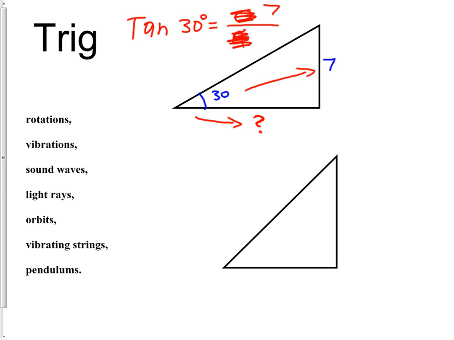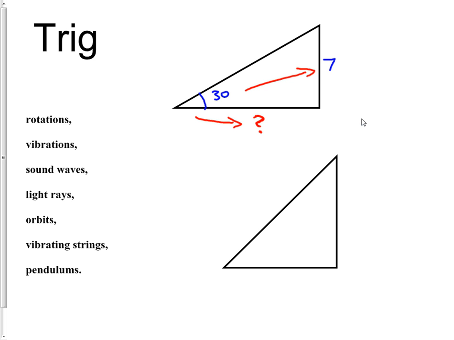I'm going to call it x. And then this will be easy to solve, because you'd grab your calculator, you'd type in tangent 30, and you'd have a decimal, and then you just solve for x, and it won't be a big deal. That's a really quick review of what you do when you're solving simple tangent, sine, cosine kind of problems.